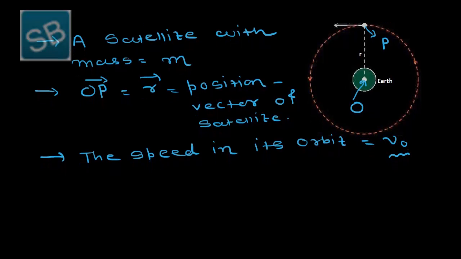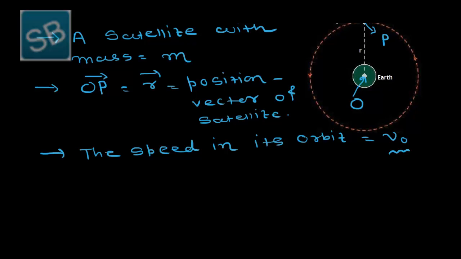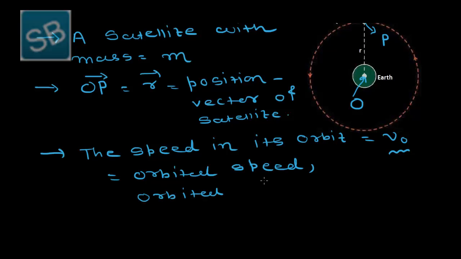This is the initial speed and it is also called the orbital speed, or instead of speed I just write the word velocity, so it is orbital velocity.